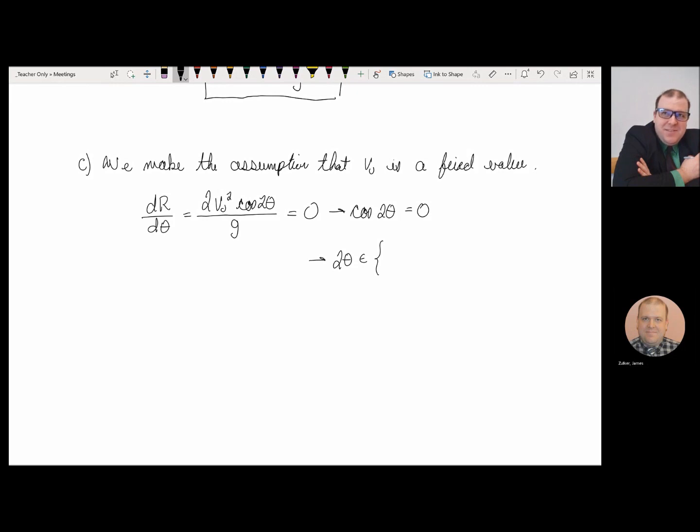I know what you're getting at, but it's not K. Right? It's not multiples of pi over 2, because that would include 0, pi, odd multiples of pi over 2.